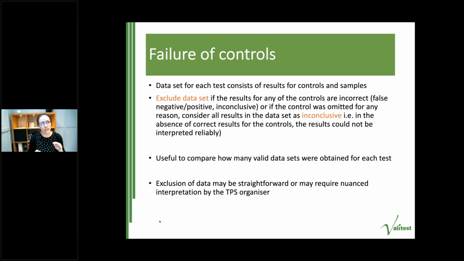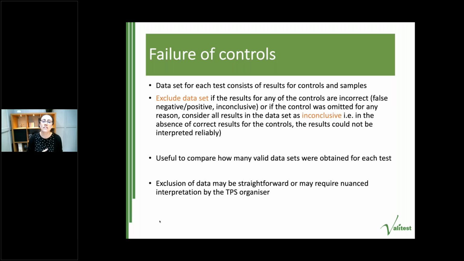Now, strictly speaking, you might say that the positive control is only there to allow you to interpret the negative results. So your positive test results don't really need a positive control for you to interpret them, and vice versa. Technically, if only one of the positive controls has failed, you could still interpret the positive results in your data set, and vice versa.